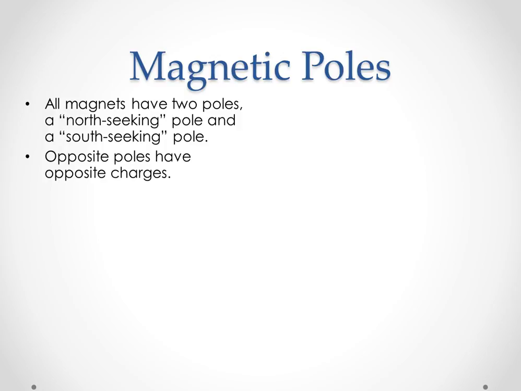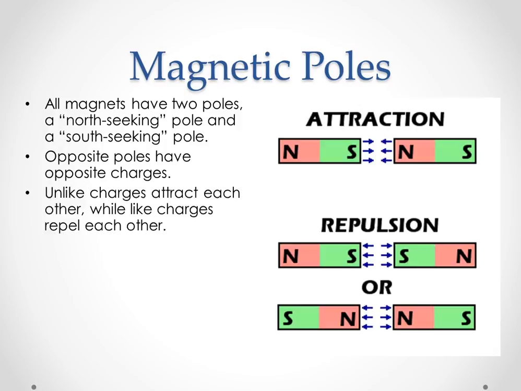What things in electricity have opposite charges? Protons and electrons. Protons have positive charges, electrons have negative charges, and they are attracted to each other. Same thing with magnets. A north-seeking pole is attracted to a south-seeking pole.